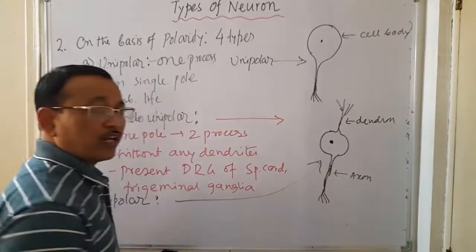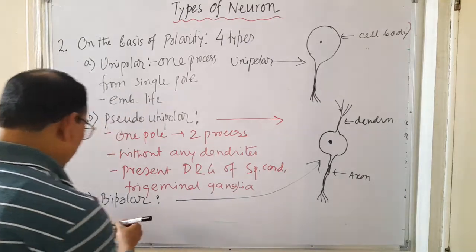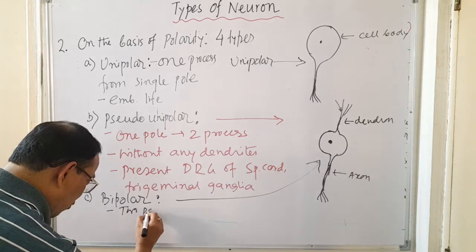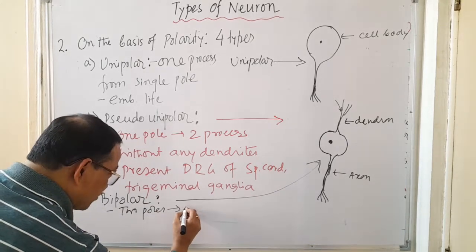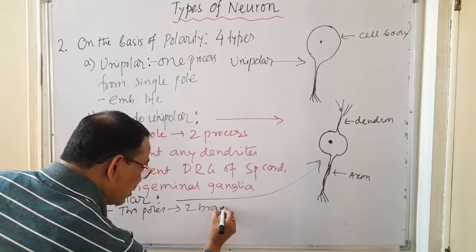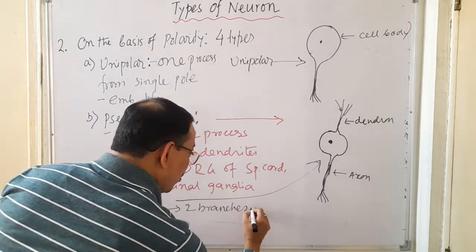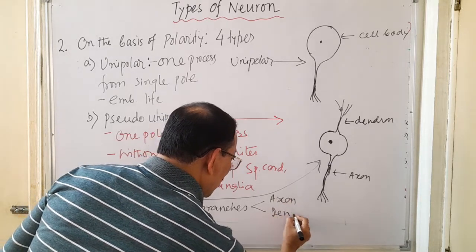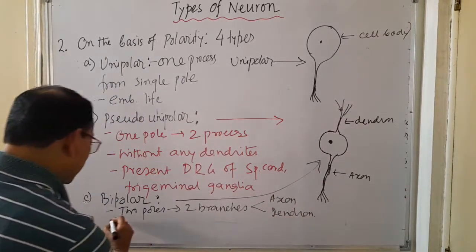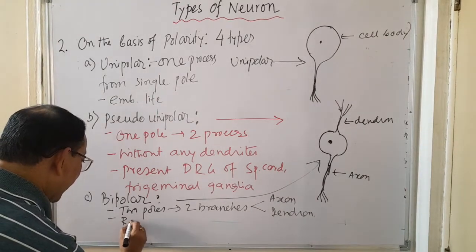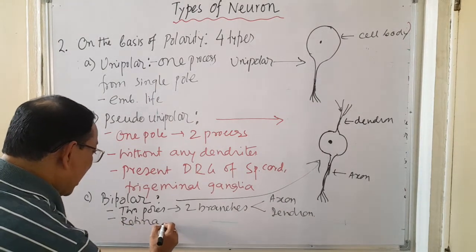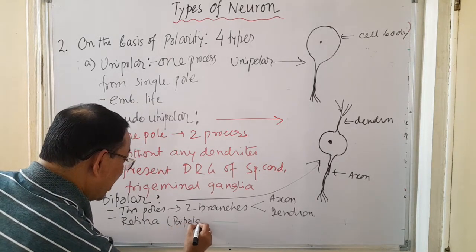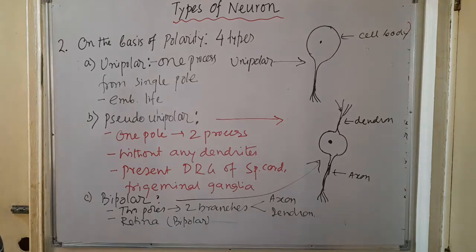It is located in the retina. Bipolar neurons of the retina are the examples.